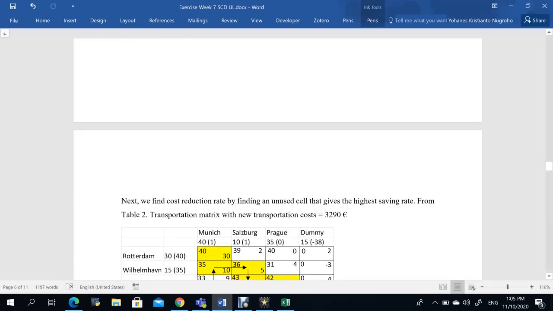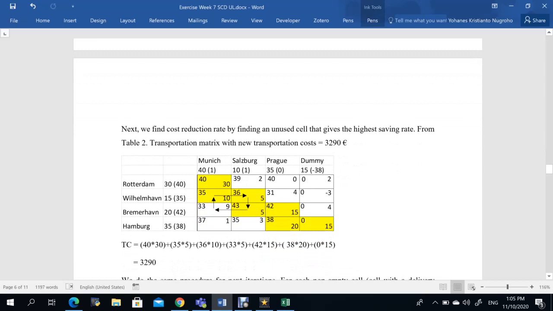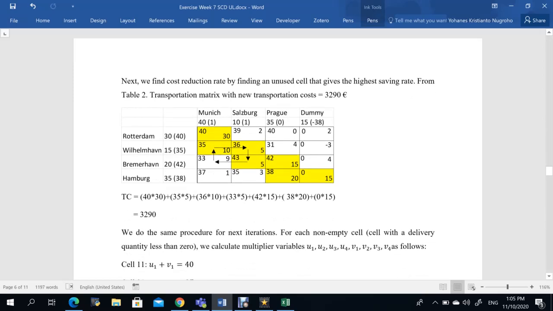Next, after we find our multiplier variables, we start seeking which alternative route can reduce our cost, and therefore we have a method we call the zigzag method. What is the zigzag method? Let's say we have to find the best or the highest saving, because we would like to change our route from a particular route, from used cells to non-used cells in the current matrix here.